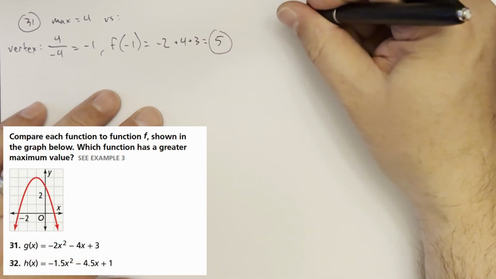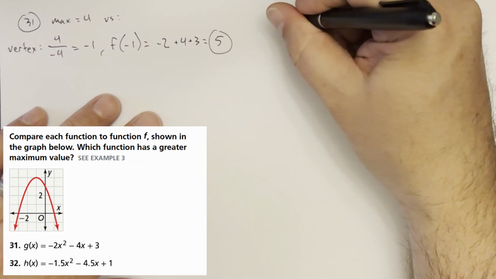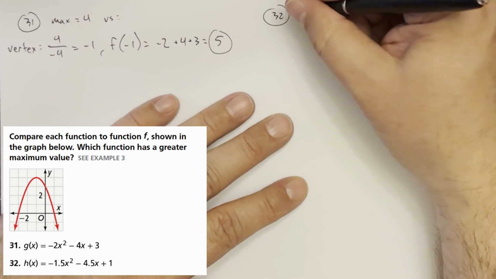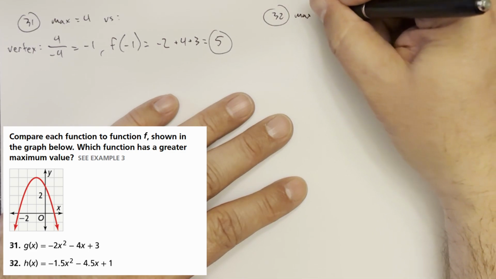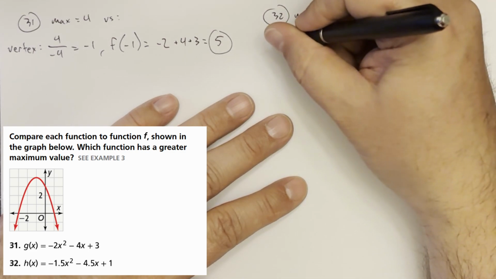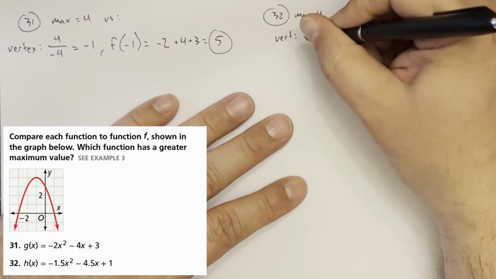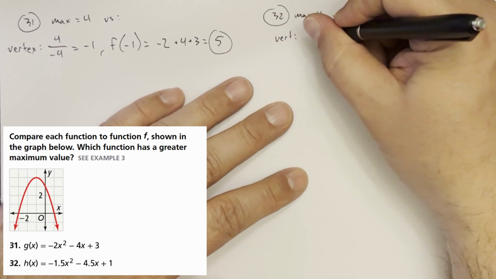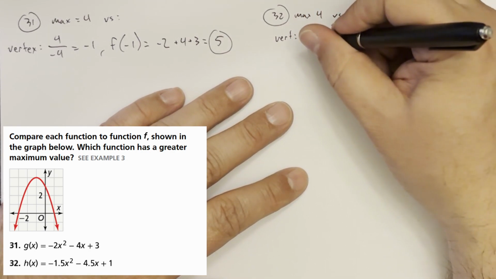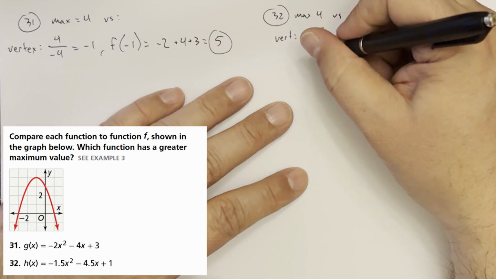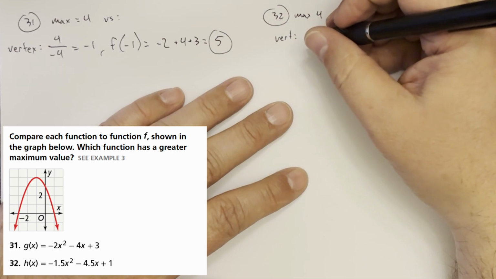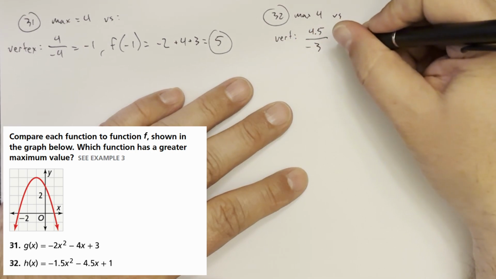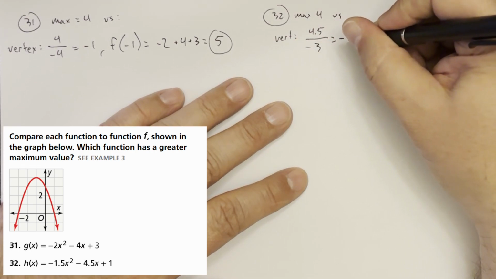And then let's go over here, 32, h of x. So again, maximum of 4 is what we have for the function f. And then our vertex will be at negative 4.5, so that becomes positive 4.5, divided by 2 times a. A is negative 1.5, so divided by negative 3, which gives us negative 1.5.